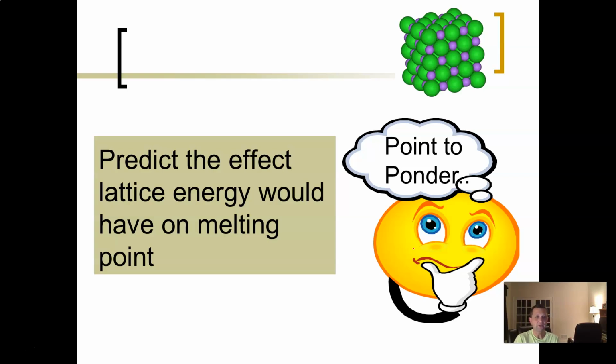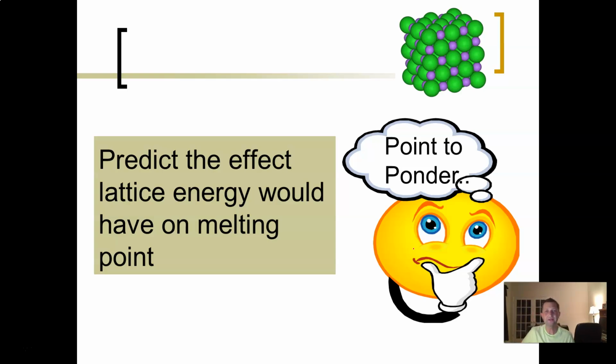Last thing, predict the effect lattice energy would have on the melting point. Okay, so here's some extension of this. Melting point, you're going from a solid to a liquid, right? Well, if you have a very strong lattice energy, a very strong attraction between your ions, then it's going to be pretty difficult to melt that, right?